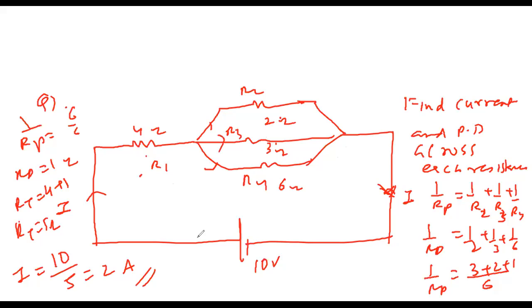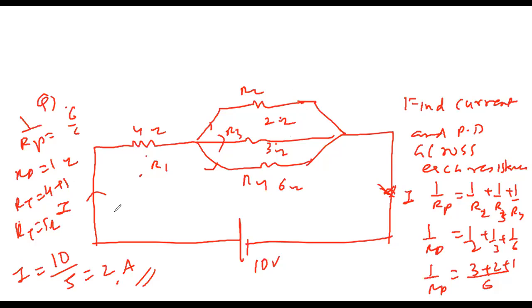For current, first I found total current by finding total resistance. These three are in parallel, so I used the parallel formula. Then this and this are in series, so I used the series formula. I got total current. Okay? Please copy this.